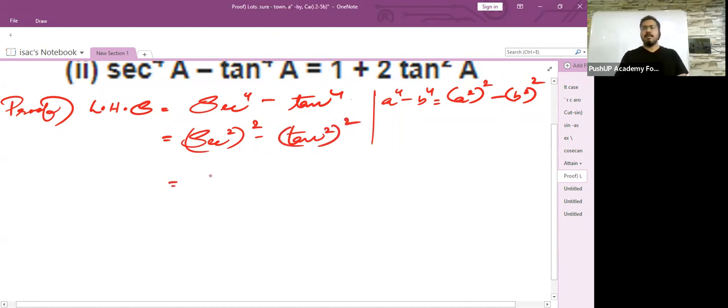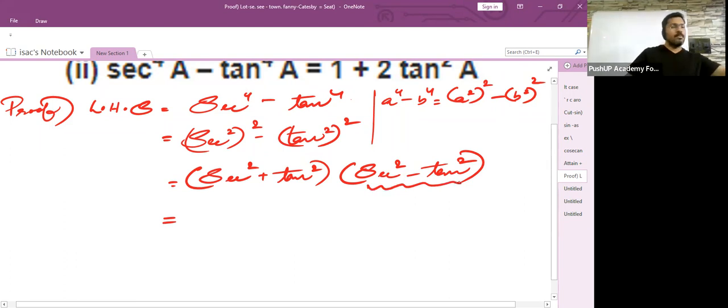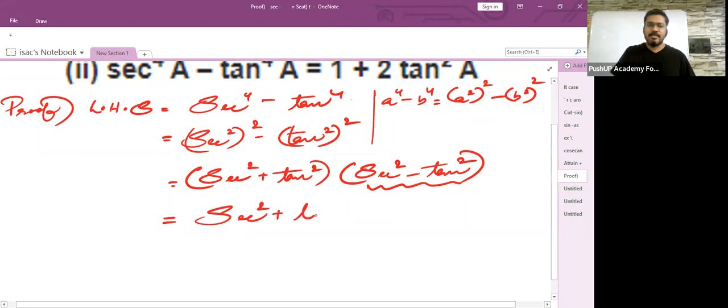Now this can be factorized to get sec square plus tan square into sec square minus tan square. What is sec square minus tan square? Sec square minus tan square is 1. Very good. Square relation. So sec square plus tan square into 1 is sec square plus tan square.